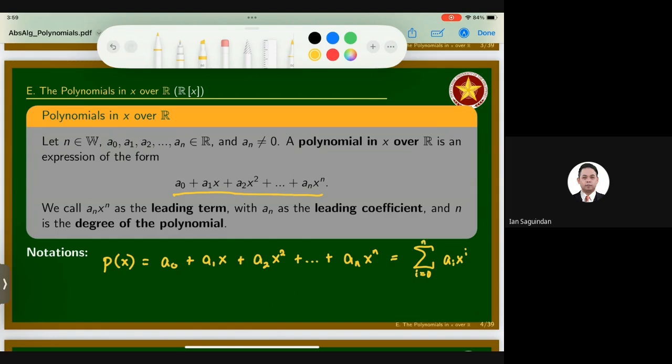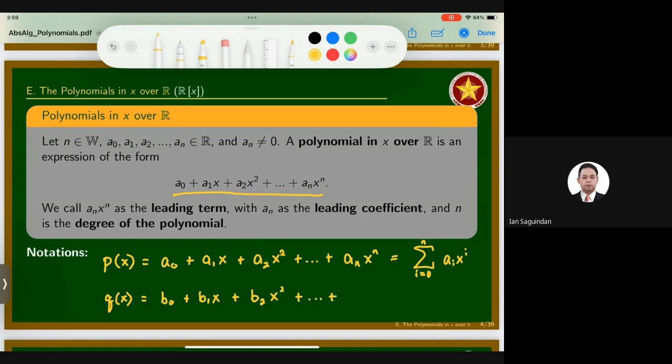Okay, perhaps if we're going to entertain another polynomial, say we have a polynomial q, so we have q of x, we can use another set of coefficients b sub 0, b sub 1, so on and so forth, until you reach b sub, say, another possible degree, say m.